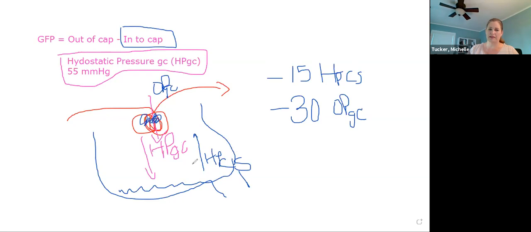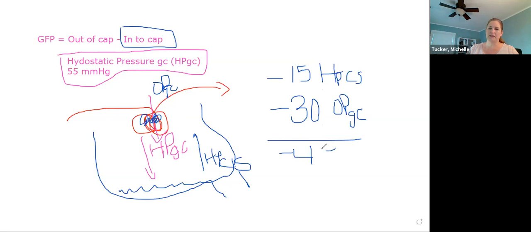So it's going to push back a little bit. The main opposing force are the plasma proteins that do not escape those glomerular capillaries. So just like in previous capillary beds that sucked water back in, these plasma proteins are going to also suck water back in. And we have a negative 30 millimeters of mercury.